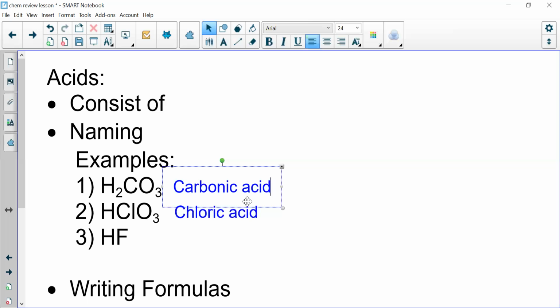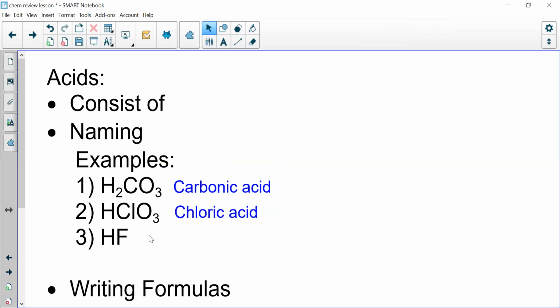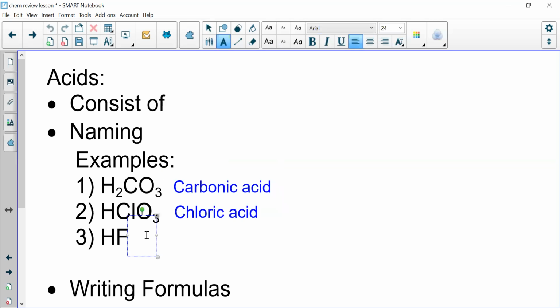How about HF? Is it fluoric acid? Lila, you're really close, but look at the far left column of the top left on the back of your periodic table. Because it's just a halogen, you do need to start with hydro. Oh, hydrofluoric acid. Yeah, okay.